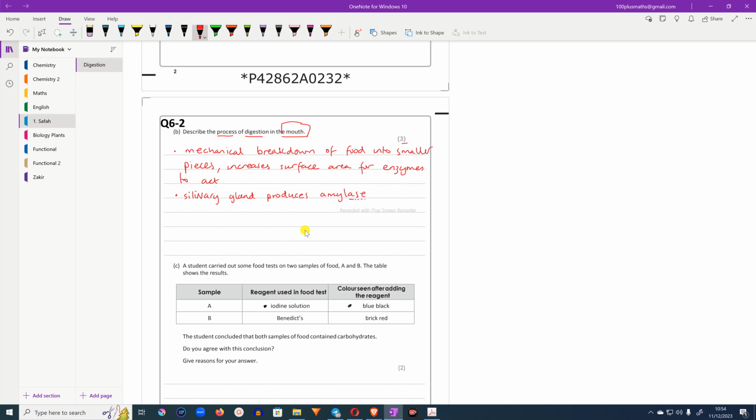Produce amylase, which is an enzyme which breaks down starch. Let me write that properly. It breaks down starch into maltose. So remember, ose is a sugar. These are carbs, carbohydrates. Okay, let's go.